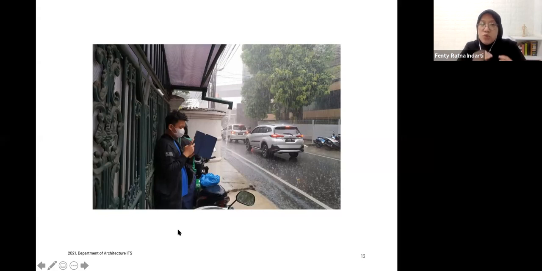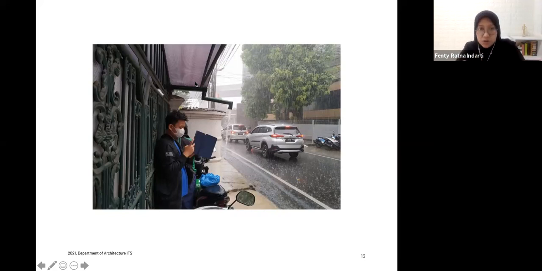So you want to avoid that. That's why during the rainy days, people usually try to protect themselves in an area like this. So it is the outer part of your building.